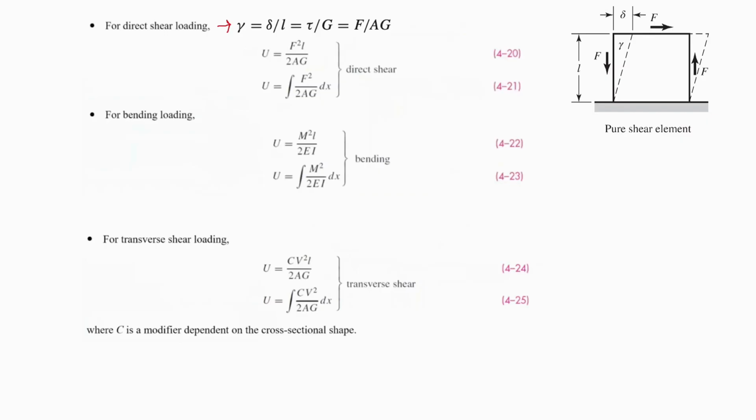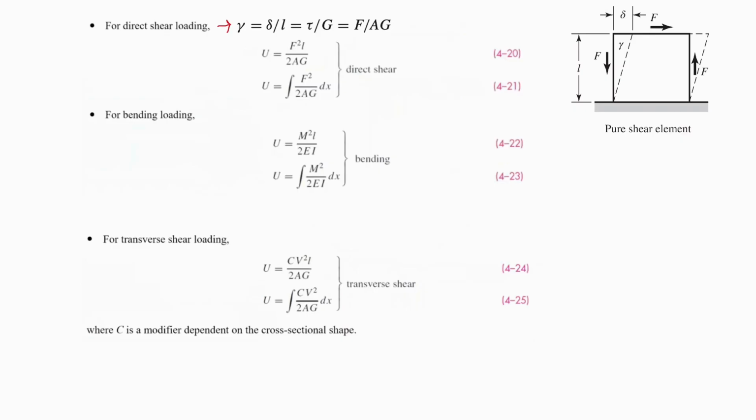Here, as you can see, the delta is equal to FL over AG. So when we substitute these expressions into F squared over 2K, and the K is replaced by F over delta, and the delta is replaced by FL over AG, the strain energy due to shear loading as presented in this figure can be expressed as follows.